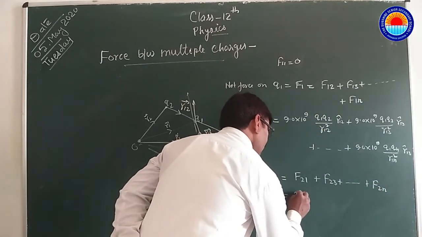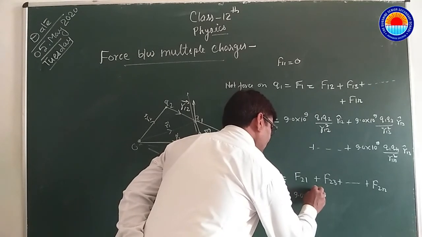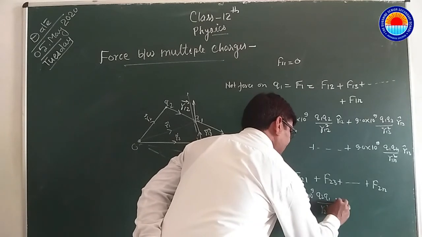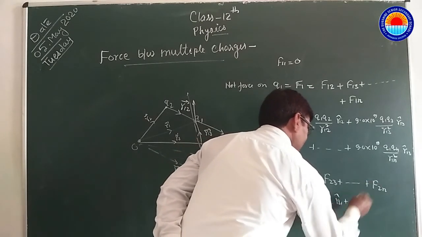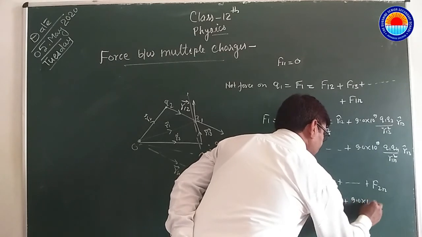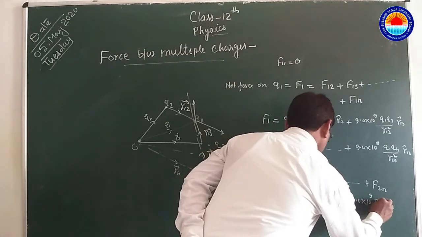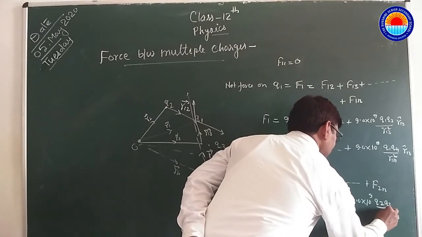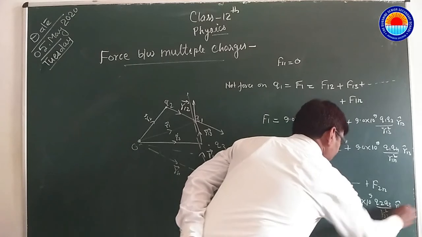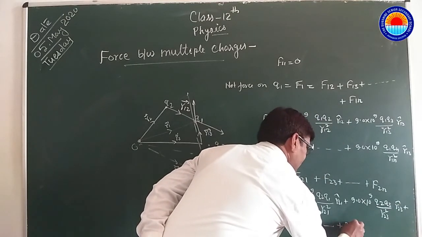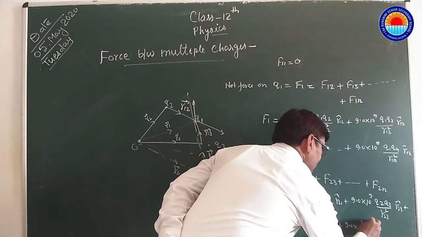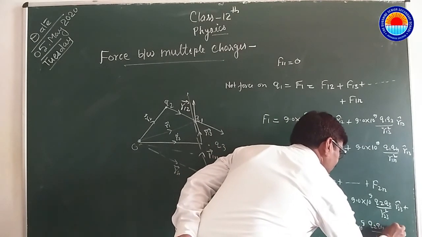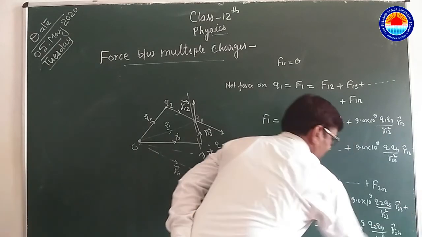It's equal to 9.0 into 10 to the power 9 Q2 Q1 upon R21 square R21 unit vector, plus 9.0 into 10 to the power 9 Q2 Q3 divided by R23 square R23 cap, plus so on, 9.0 into 10 to the power 9 Q2 Qn divided by R2n square R2n cap, and so on.